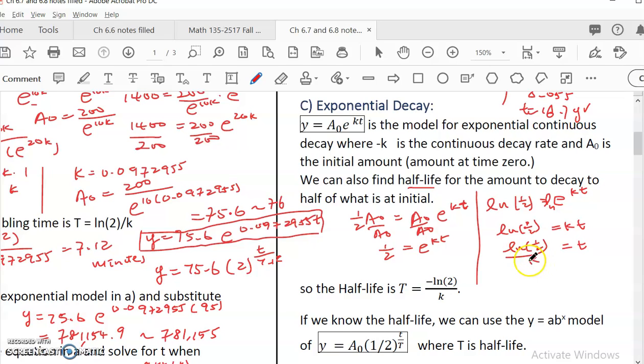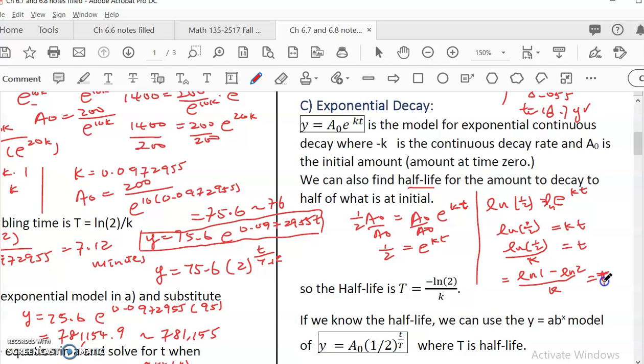Because k is negative, this would work. There's another formula for it: when we do ln 1/2, we can also think of it as ln 1 minus ln 2, over k, that is equal to t.